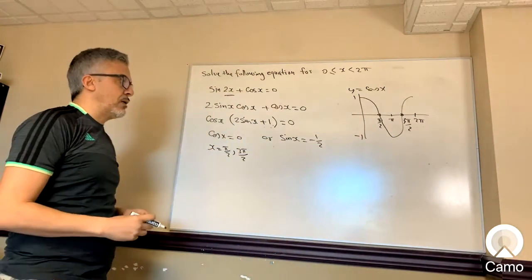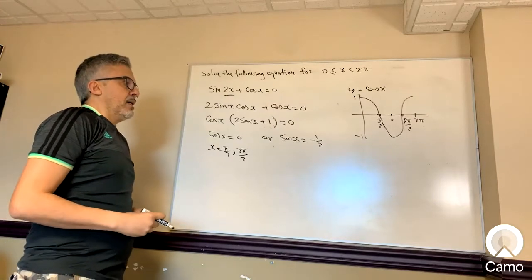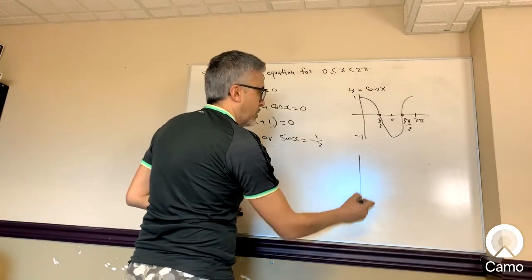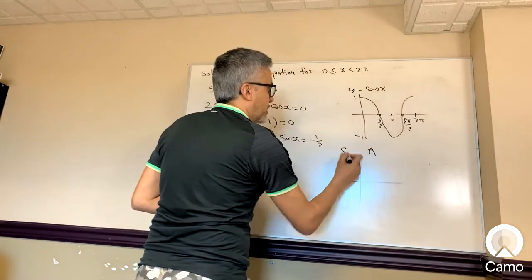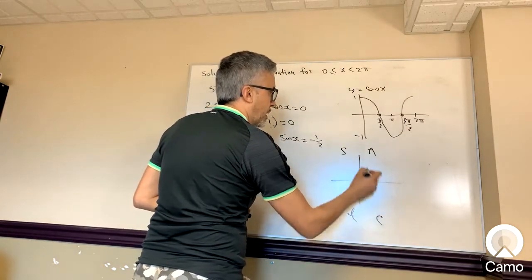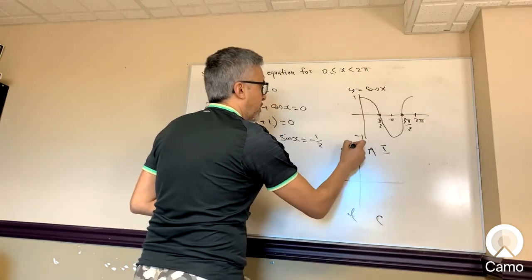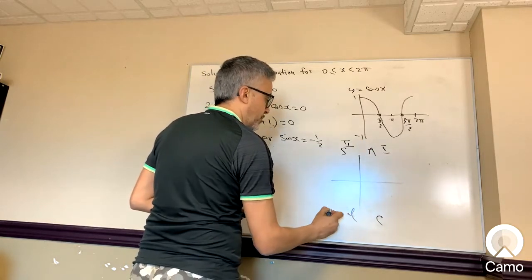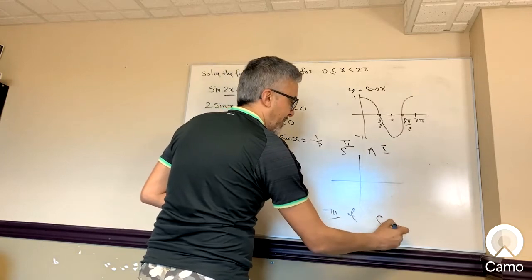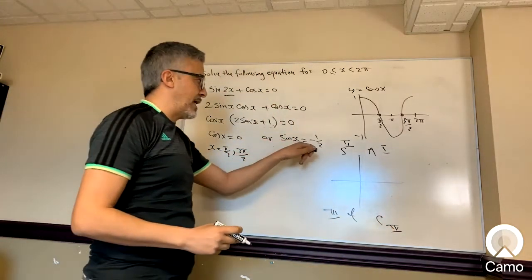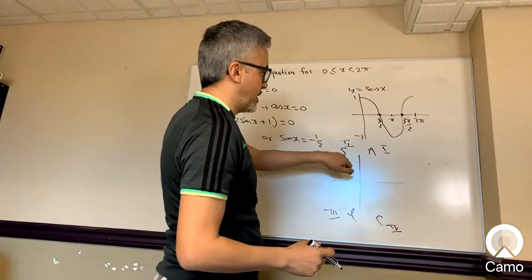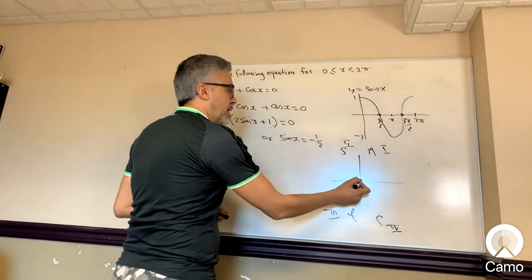Now for sine x equals -1/2, you have to draw the quadrants. All Students Take Calculus: this is quadrant 1, quadrant 2, quadrant 3, quadrant 4. The sign here is negative, so it cannot be in the first and the second quadrant.